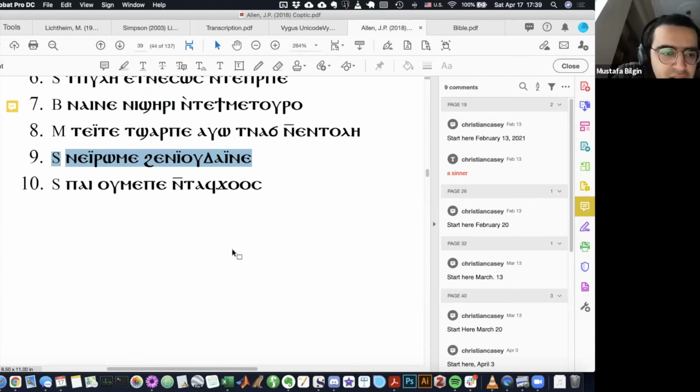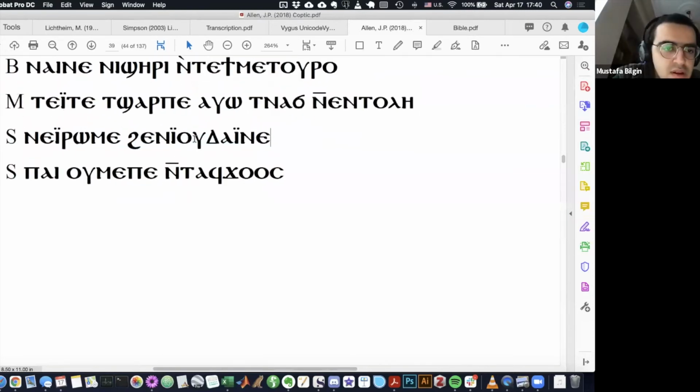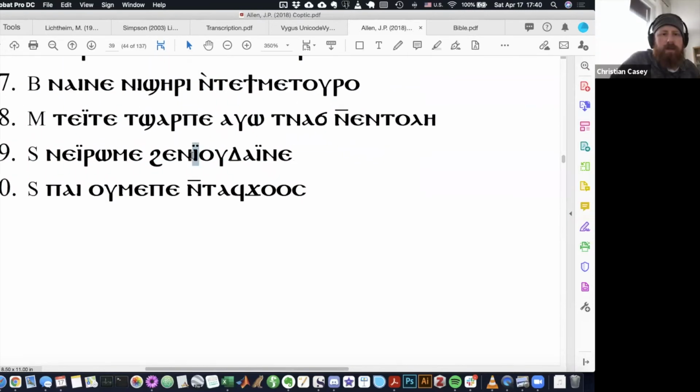Firstly, I have a question about what is the double dot on the e vowel? That means this vowel is separate from the previous one, so they don't form a diphthong, or they don't form a single letter.